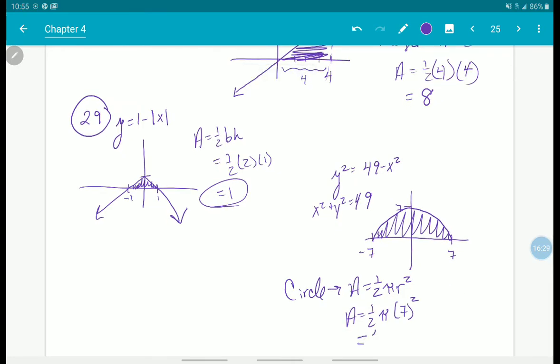So we are going to get 49 over 2 pi as our area. If you wanted to write units, we don't really have anything specific, so we could just say unit squared on all these. Typically with integration, we don't include units unless there's some kind of application.